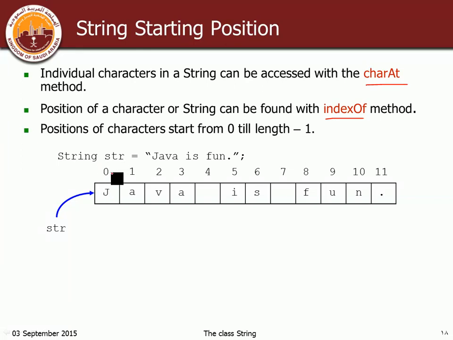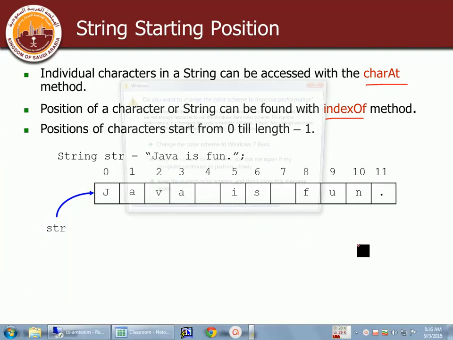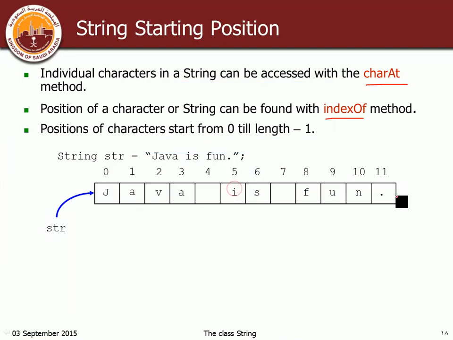The only thing you have to be careful about is that the position of the first character is not 1, it's 0. So I have from 0 to 11. That means how many characters do I have? 12. I have 12 characters from 0 to 11. That's the only thing you need to pay attention to, so you don't get mixed up.